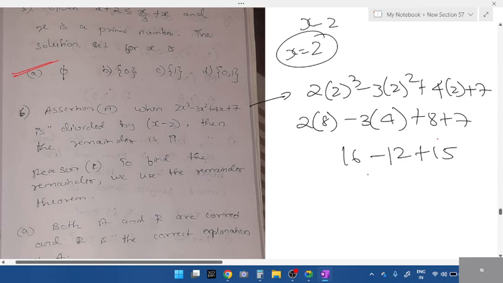What's the value, students? 4 plus 15. Is it 19? True. Is it true? The remainder.